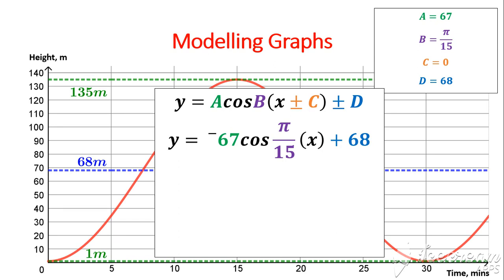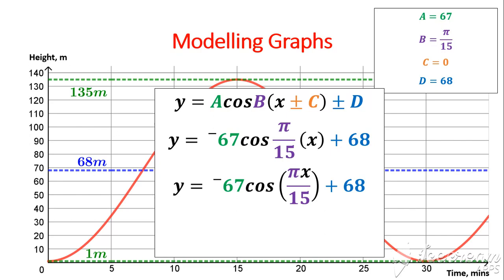Now we're putting B in, which is pi over 15. Now we have no horizontal shift, so we don't need to put C in the brackets. And then we put plus 68, which is D. Now because we don't have a C, we can bring the B into the brackets and write it as negative 67 cosine B times x in the brackets, so pi x over 15.